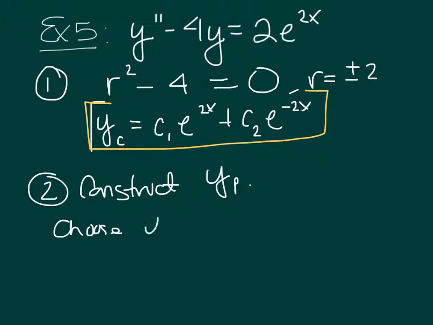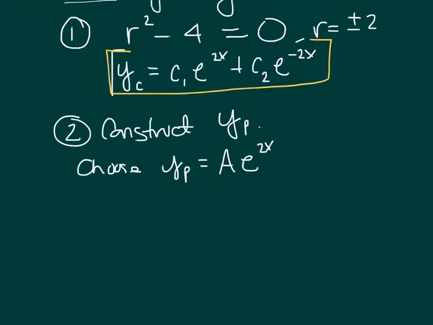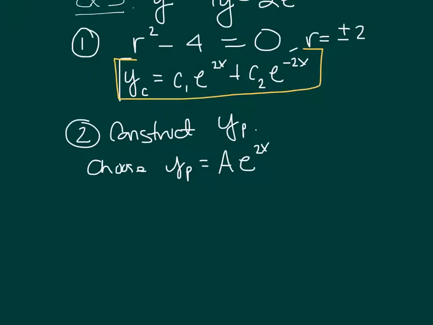So we can say y sub p is a times e to the 2x. Again, very similar to example 3. And there's a reason why I'm doing this, so there will be a point to this.